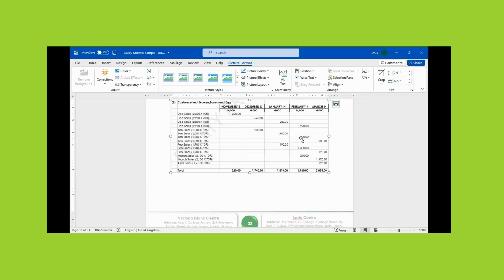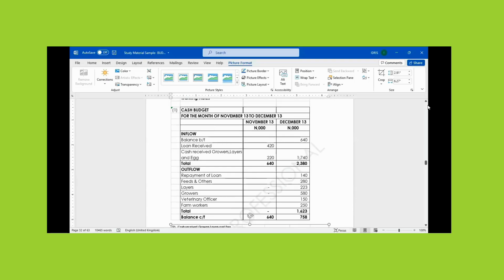Mr. Idris, sorry, excuse. So someone does not get confused as we are trying to move forward, somebody was asking a question in the chat box: how did you get 640 for the opening balance of December? I understand it, but you should throw more light so that the person doesn't get confused. I have not talked about the 640.